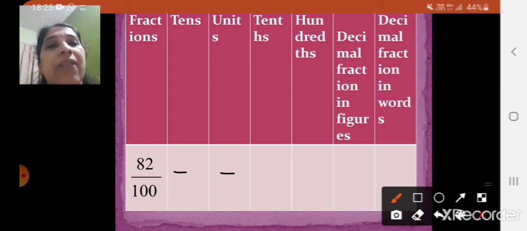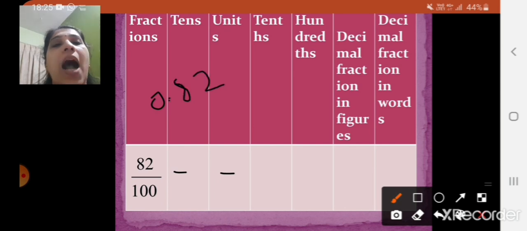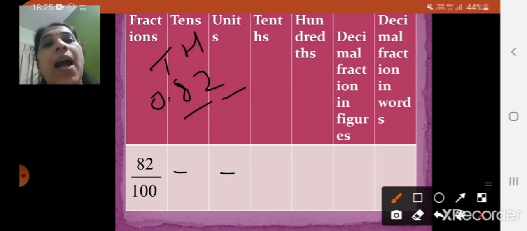Now 82 upon 100 is there, right? So 82 upon 100 can be written in the decimal form as 0.82. Right? So after the point which number is there? 8 is there, so 8 will be in the tens place. After 8 which number is there? 2. So 2 will be in the hundreds place.